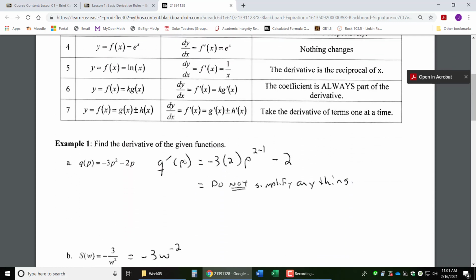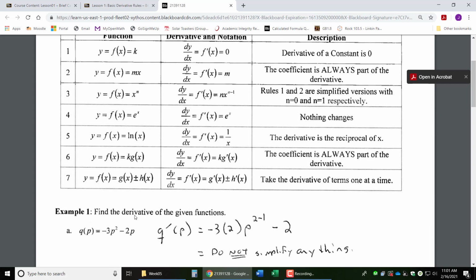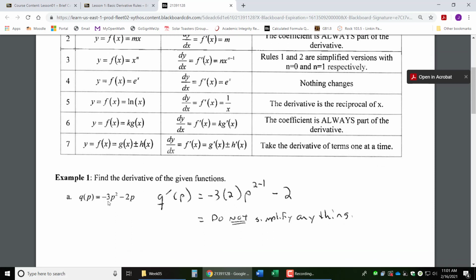Okay, so our first one. Let's identify the rules as we go through here. We have rule 6 happening. The -3 is the k, and the p squared is the g function in this case. For our derivative, the k is going to stay there.